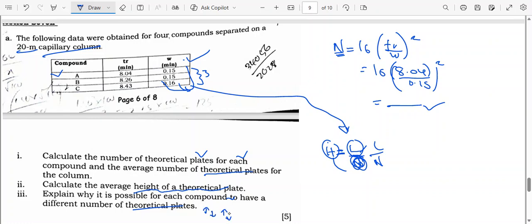Different interaction will result in different theoretical plates, and also different retention time. What influences the theoretical plates are the retention time, the diffusion rate, and the interaction. Okay, that is it.